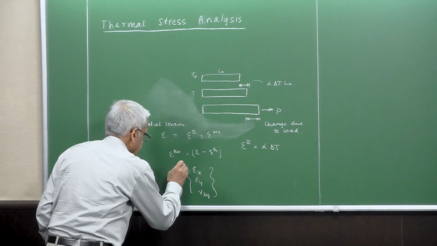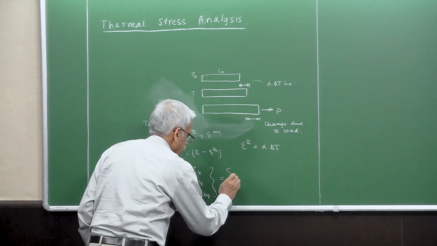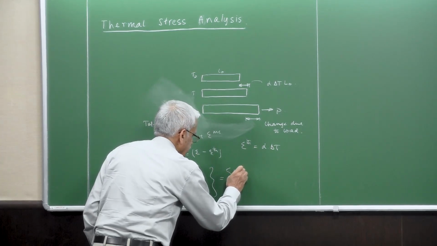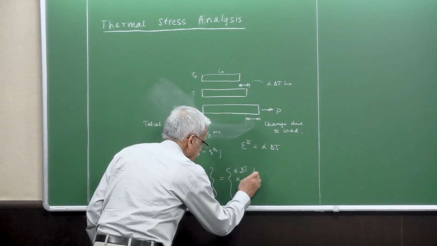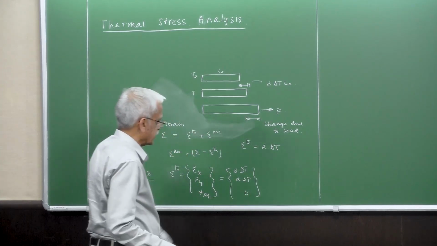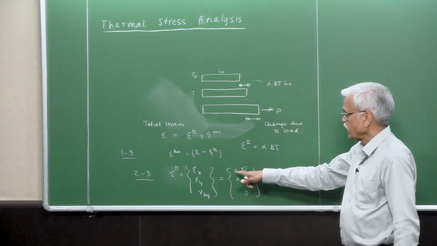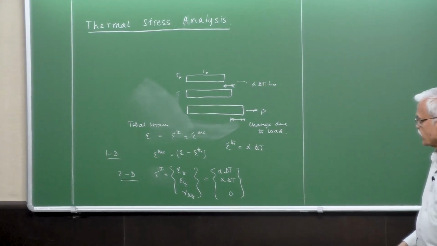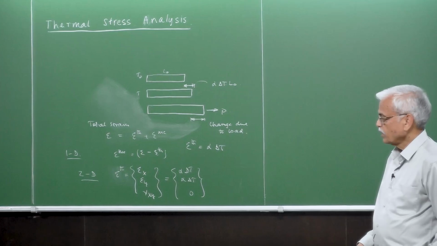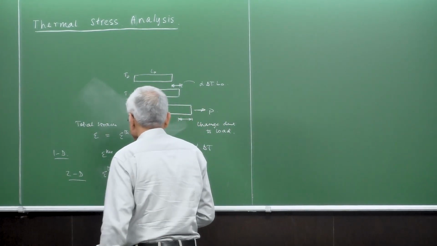The thermal strain part will be alpha delta T, alpha delta T, and zero for shear. This is assuming that the material is isotropic. Otherwise, if the material is anisotropic, it can be alpha X, alpha Y, and delta T is the temperature change. So this is the thermal strain, and of course we know the mechanical strain.